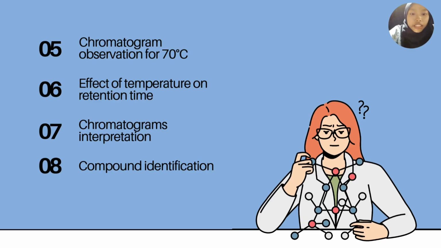The last one is compound identification, where we compare with the individual chromatograms of 2-propanol and N-butanol, and we found that they had similar retention times, confirming that the standard mixture contained both 2-propanol and N-butanol.